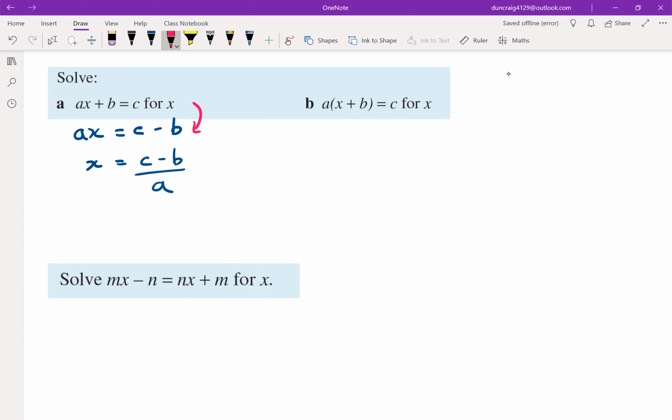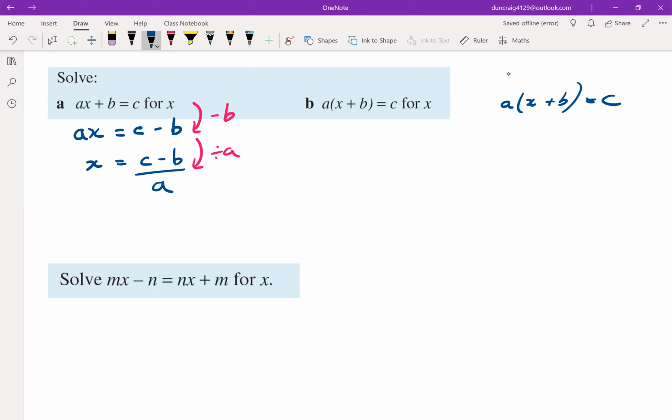So I'm just going to show the steps for what we did here. We subtracted b and then we divided by a. They were the two steps that we did for this one. So again, we could do this two ways. We could expand the brackets, or we could divide. Actually, I'll do it both ways. So let's do a times x plus b is equal to c.